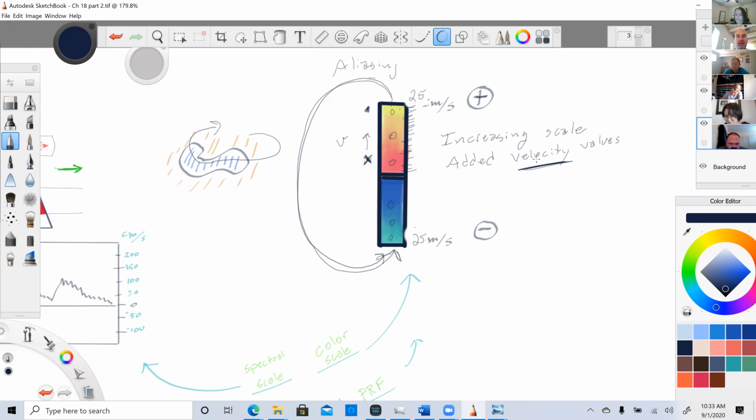Now, that's good if I want to get rid of aliasing. It's bad if I want to see a little more detail in how the blood flows, because by adding velocity values, I'm minimizing the differences between each value. And so it's a balance.